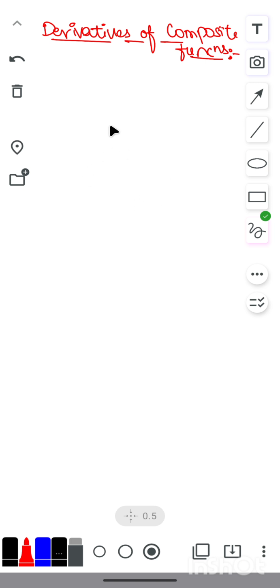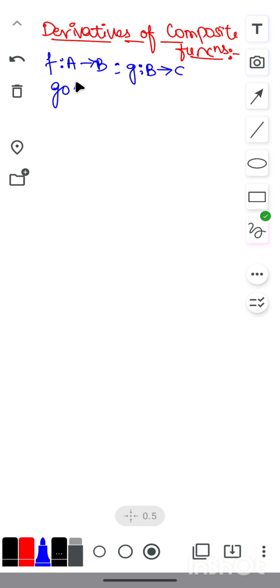Now to find the derivative of these functions, we need to understand what exactly is the meaning of composite functions. In relations and functions, you may have already studied about composite functions. That is, if f is a function from set A to set B, and g is a function from set B to set C, then gof is a function from set A to set C, called a composite function.